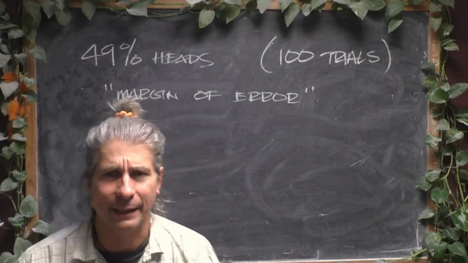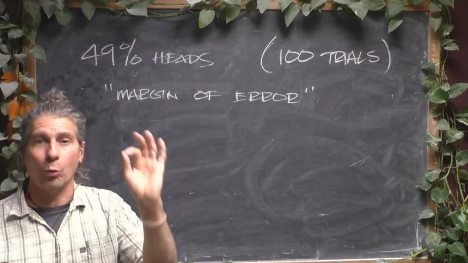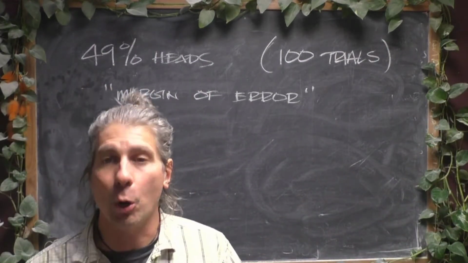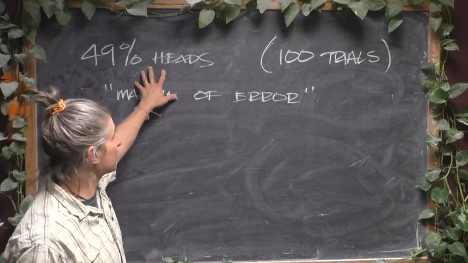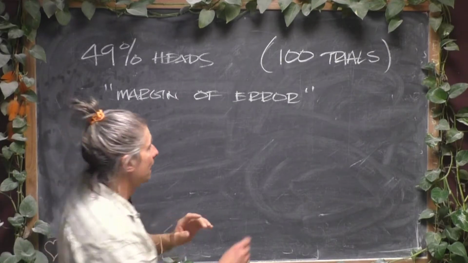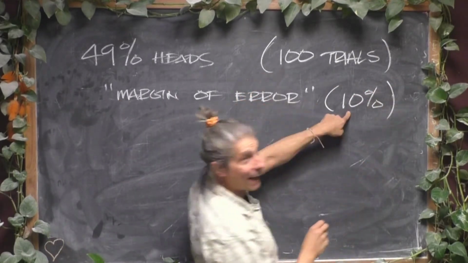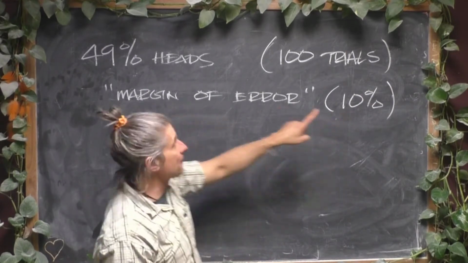No one in their right mind would say, yes, I flipped a coin 100 times and I can report with statistical confidence that coins flip at 49%. No. What you say is the margin of error that accompanies this 49%, which FYI, in this case with 100 trials is 10%. Don't worry about how I got that. We'll talk more about that in this class. 10% is the margin on this.